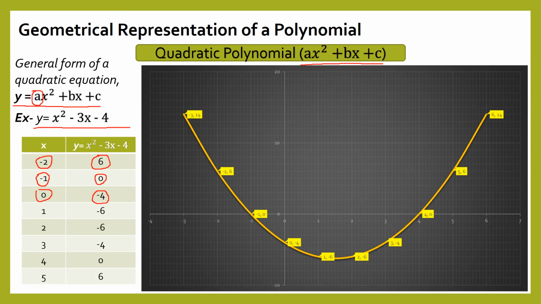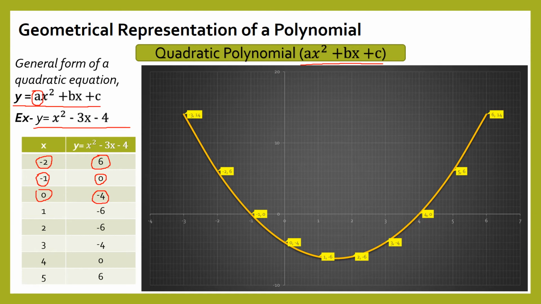If the value of a is a positive real number, then it will be an upward opening parabola. Just like in our example, the value of a is +1, so it's an upward opening parabola. In case it had been a negative number, this would have been a downward opening parabola.